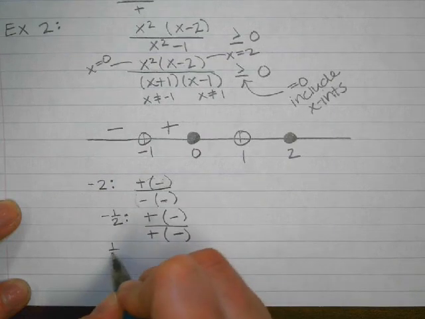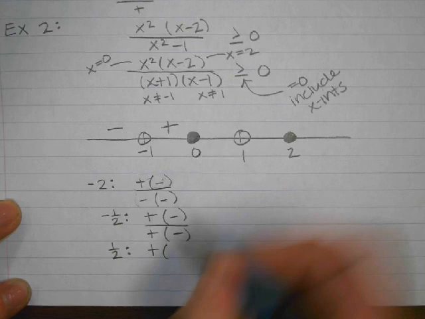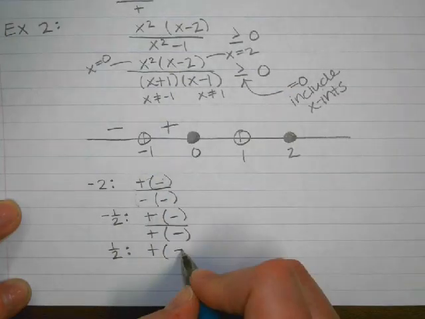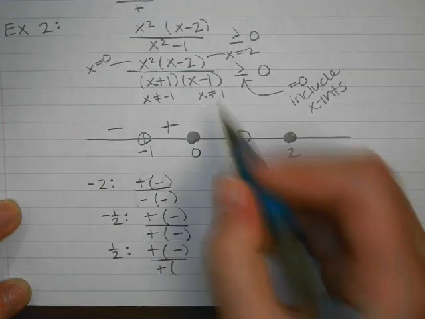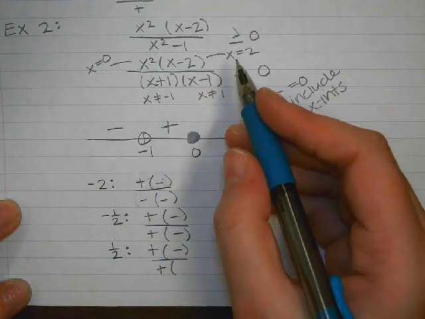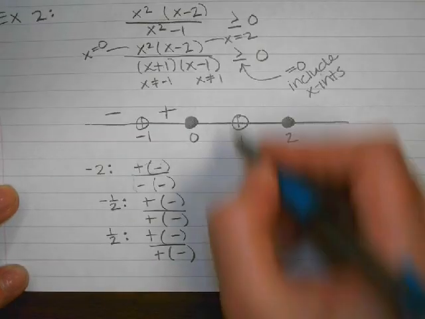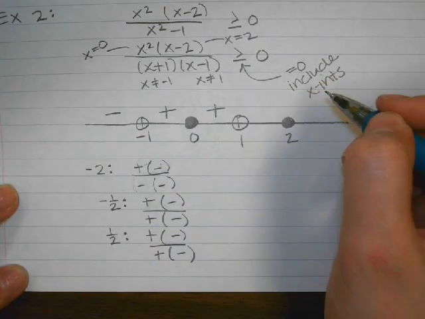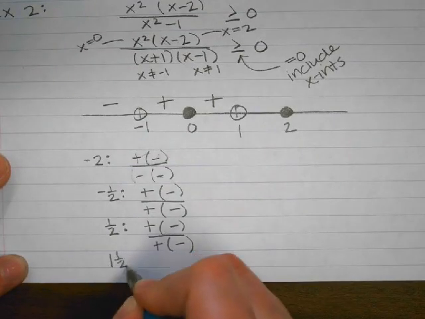Next I can plug in +1/2. So that would be positive. 1/2 minus 2 is negative. 1/2 plus 1 is positive. 1/2 minus 1 is negative. So that does the same thing as the last one. That means that is positive. And then last we can do 1/2.